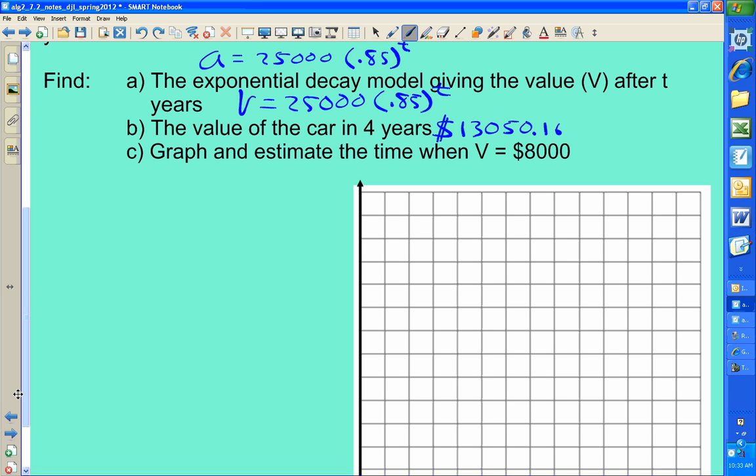If you plug in a 7 for T, what do you get for the value of the car? 8,014. So it's a little bit too much. So we want to say between 7 and 8 years, you'll get a value of $8,000.